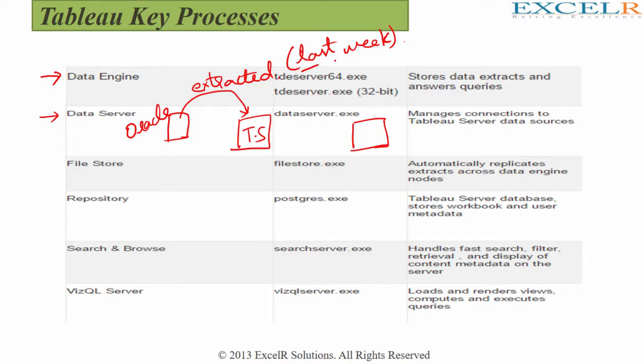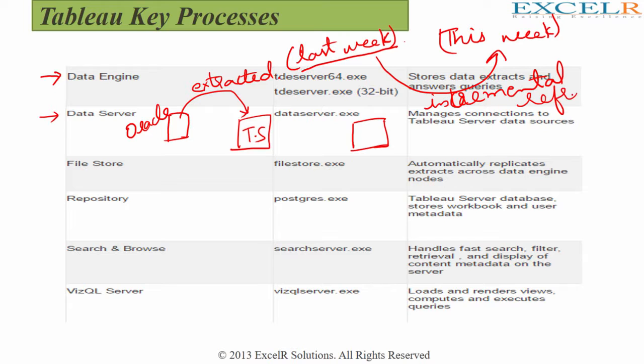Instead, whatever changes have been made from last week until this week would be loaded onto your Tableau Server. And this is called incremental refresh. All right, so this is the use of your data server.